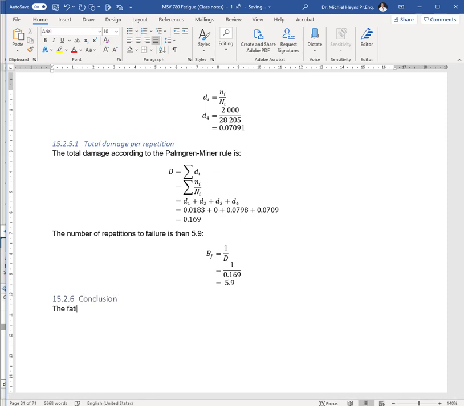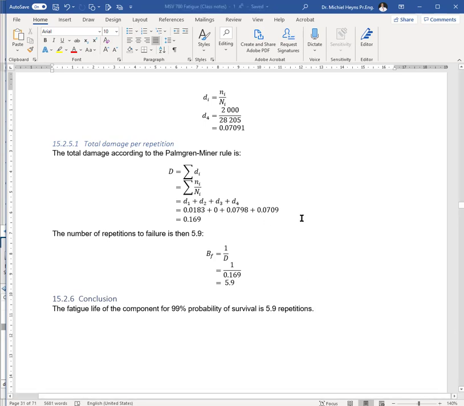The fatigue life of the component for 99% probability of survival is 5.9 repetitions. Now, if they said the stress spectrum was in terms of years, it would have been 5.9 years. But that you know.